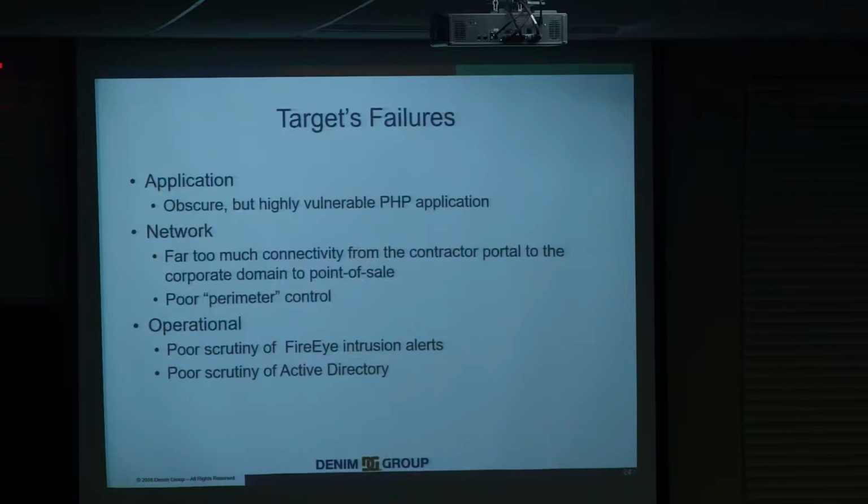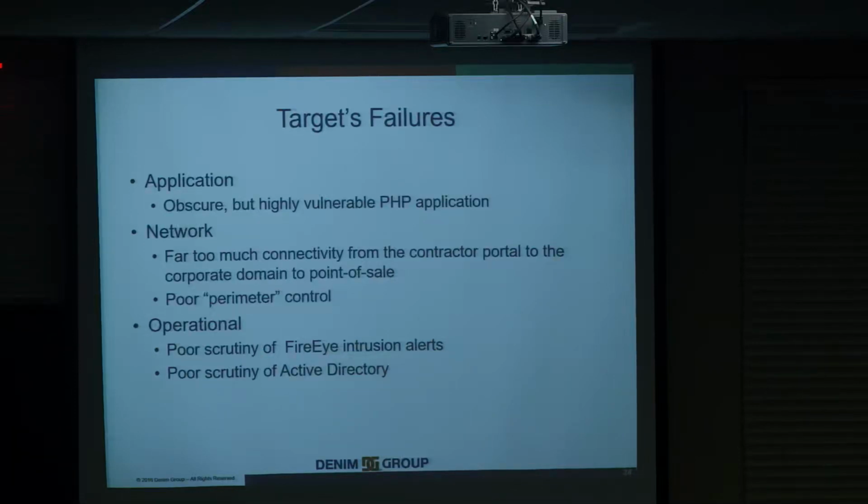Poor perimeter control: they were able to just move PCI over clear text outside the perimeter to their own FTP. This is maddening. And operationally, they had poor scrutiny of the FireEye intrusion alerts and poor scrutiny of Active Directory. There was an additional account created that shouldn't have been there. Even some minimal operational processes to verify the integrity of the AD could have caught what was going on.